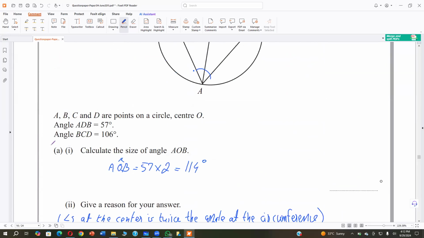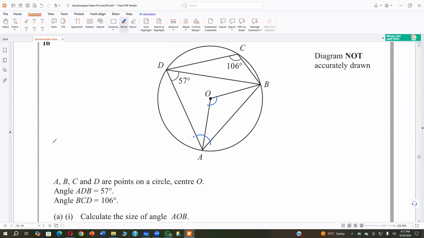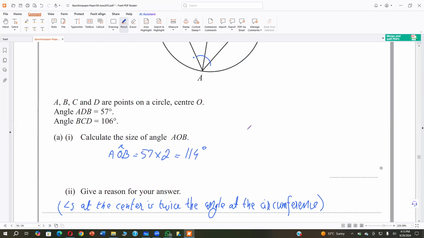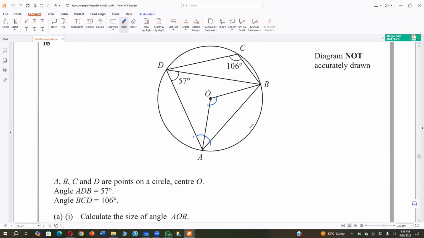So I will say, look, ABCD is a cyclic quadrilateral.